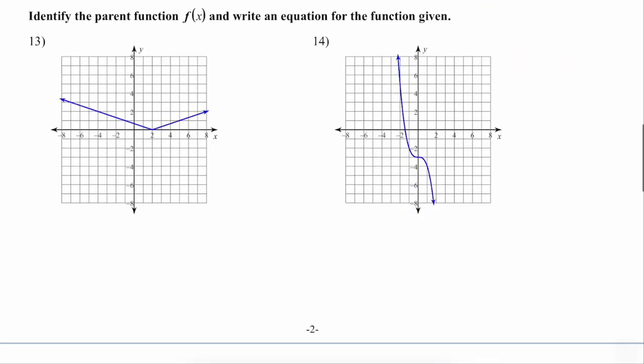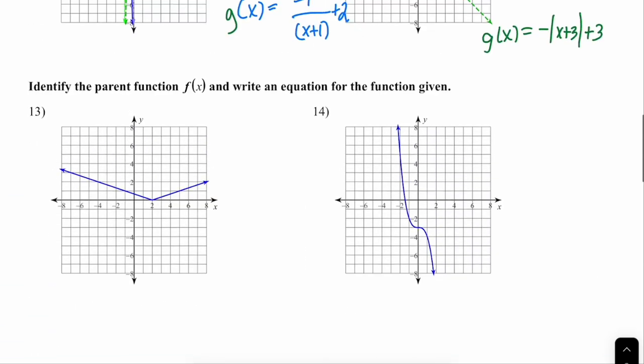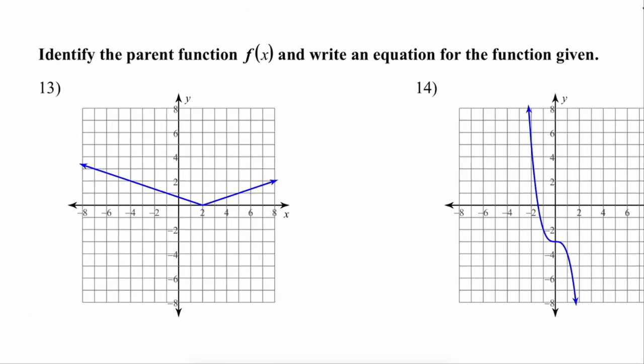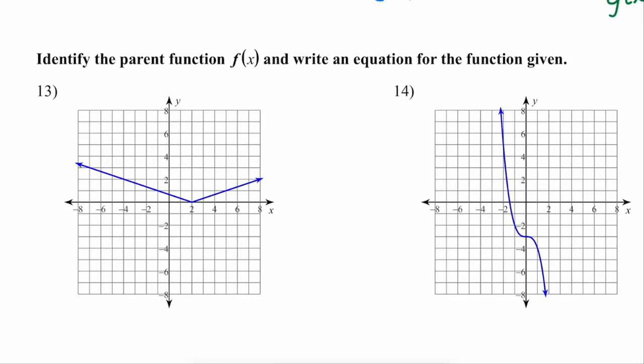Okay. And then last two are almost done. 13 says to write an equation for this function. So we know that our parent is an absolute value. That's always your first thing. Who gave birth to that function? Then I always check that center point, whatever it is for that particular function, has moved over to the right 2. And then let's look at the slopes.